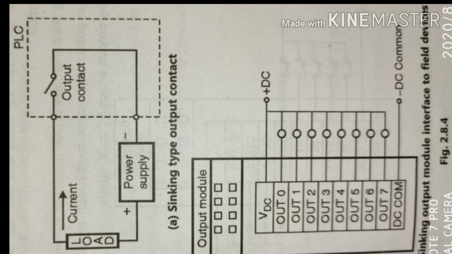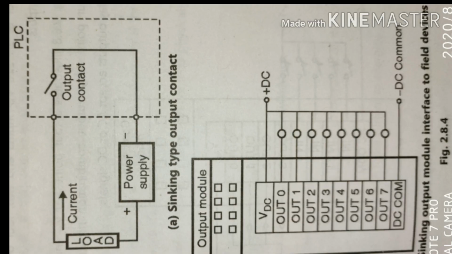Okay, and the second one is the sourcing output module. Figure B shows the output module where current from the positive terminal of the power supply flows first from the output module to the output devices and then to the common terminal. So here the output module acts as a source of current for output devices.